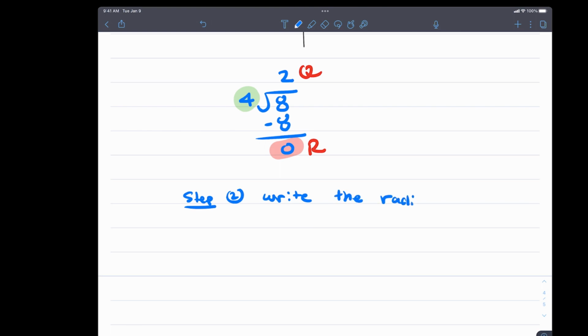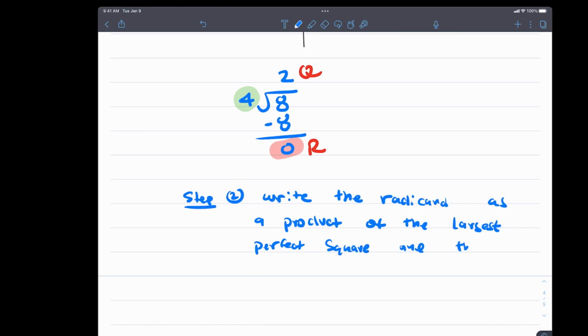Write the radicand as a product of the largest perfect square and the quotient found in step 1.